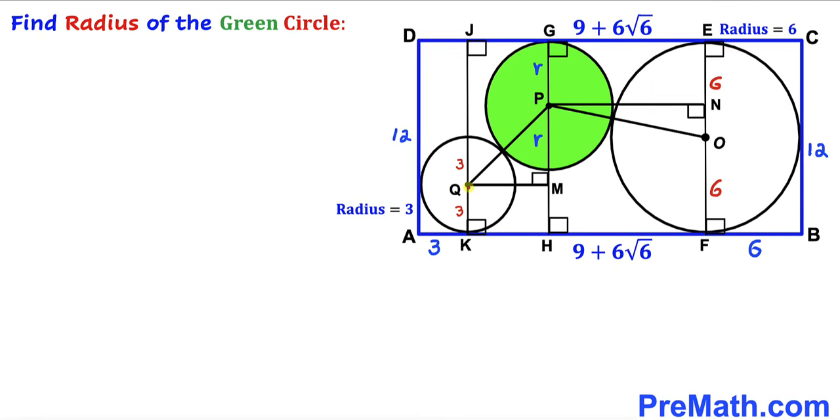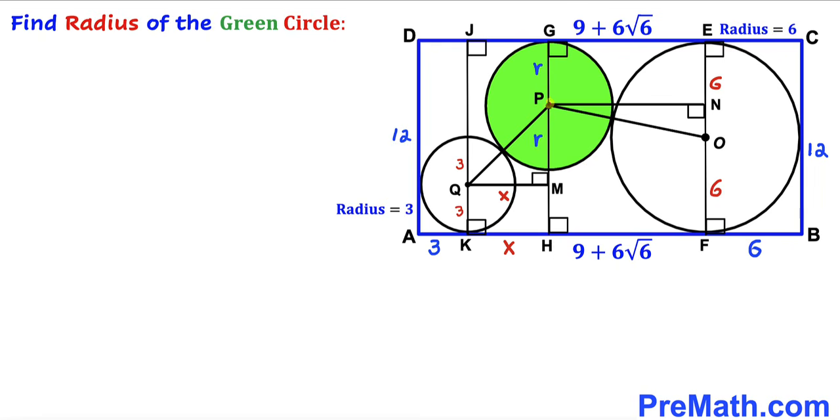And now let's focus on this segment MQ. I'm going to label this one as length lowercase x. And since this segment MQ is equal to this segment KH, if this segment is x, then this segment has got to be x as well.